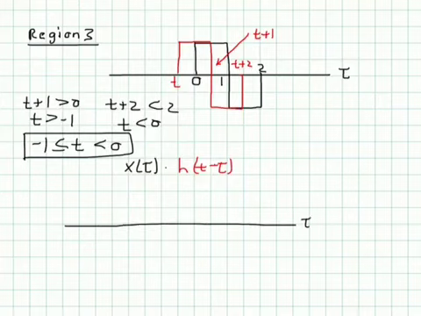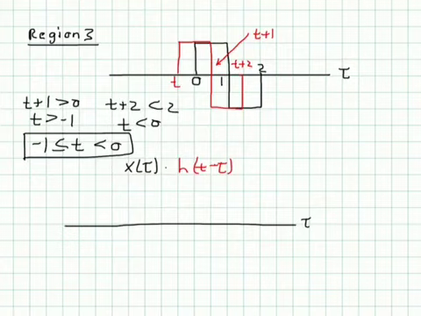Again, the result is a function of tau. In this particular region here, it will be 0, because only h of t minus tau is non-zero, x of tau is 0. In this region here, we'll have something non-zero, and then something non-zero here, and then 0 here.